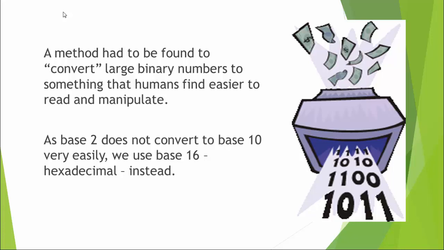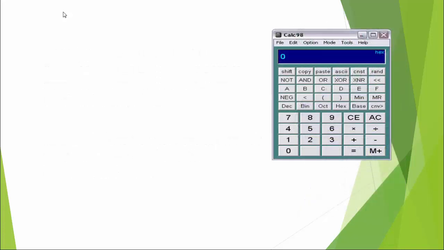But the conversions between base 10 and binary, and between binary and base 10, we've already seen are mathematically difficult. They take a lot of time and effort. What we're going to see is that converting to base 16 is in fact much easier. But first we have to understand what base 16 implies.